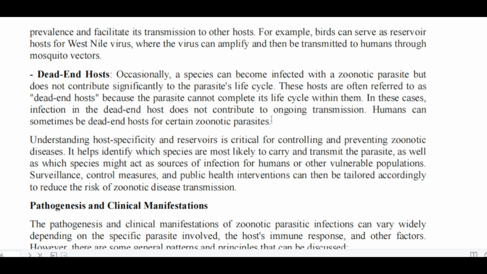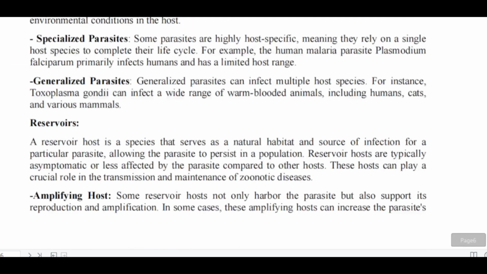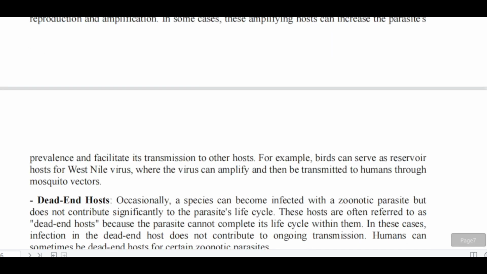For instance, we talked about Taenia solium. What was that? We just talked about this parasite, Toxoplasma, right?